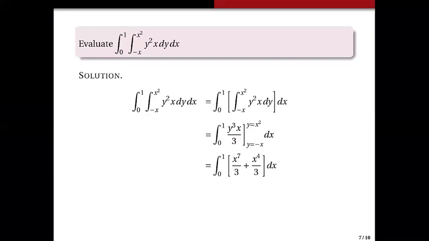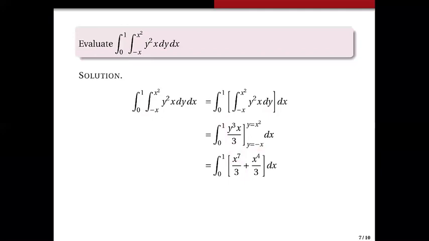Of course, you have here y equals x squared. So x squared cubed, that's x to the 6 times x here, that's x to the 7. On the other hand, y equals negative x, y cubed becomes negative x cubed times x here, that's negative x to the 4. But you have minus, so that becomes positive. Okay?